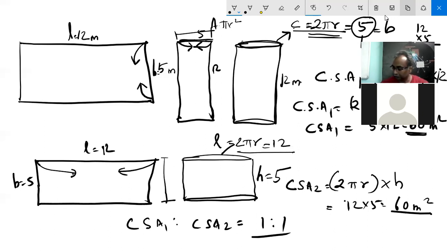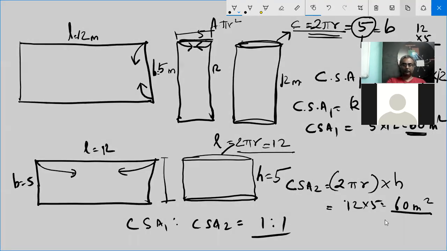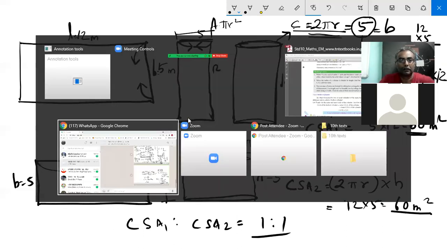So the ratio is 1 is to 1, both are the same, equal CSA. Tell me when you have finished.